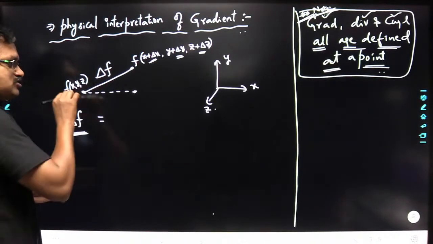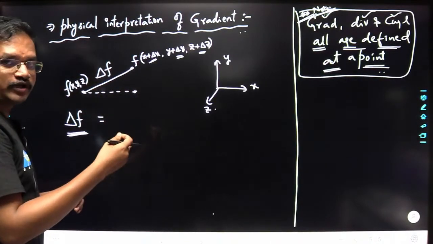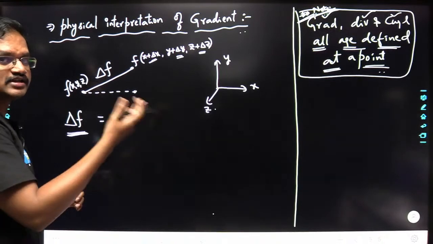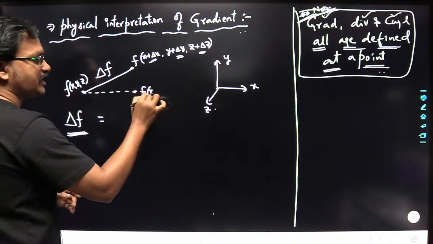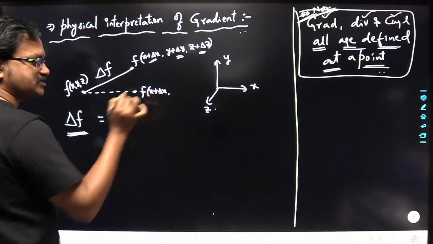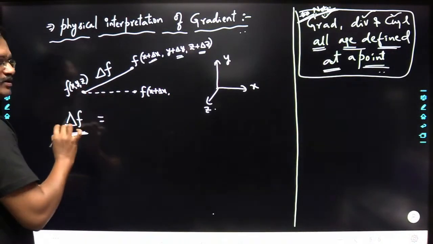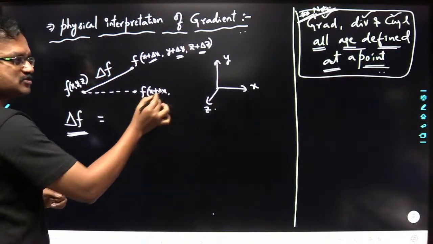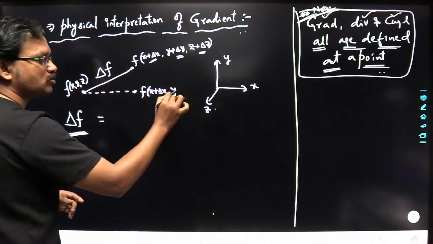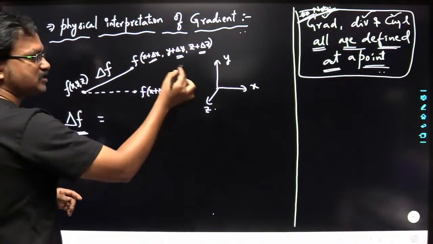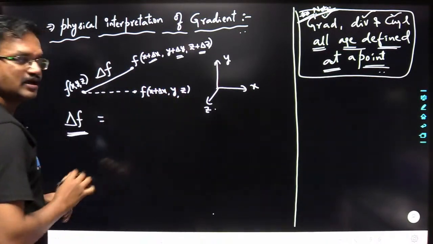Yes or no? As you move along x, only the x value is going to change, the y value is not going to change, and the z value is also not going to change. So here the change in function I can represent as f of x plus delta x. Here it is f of x comma y comma z, and here it will become f of x plus delta x. There is no change in y, that means delta y is equal to 0, so you can simply write y. There is no change in z, that is z.